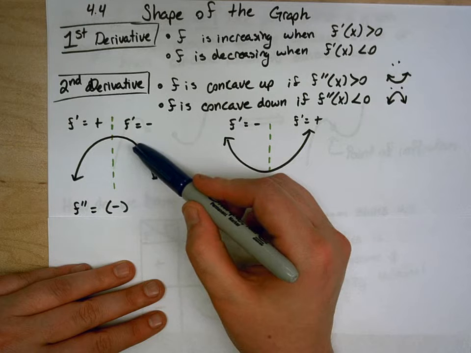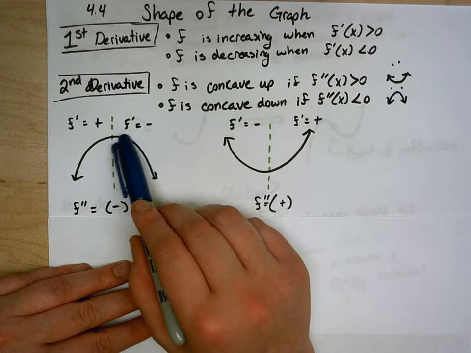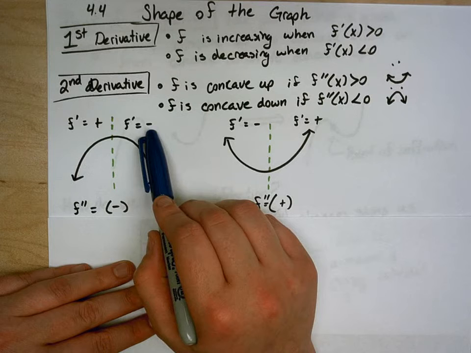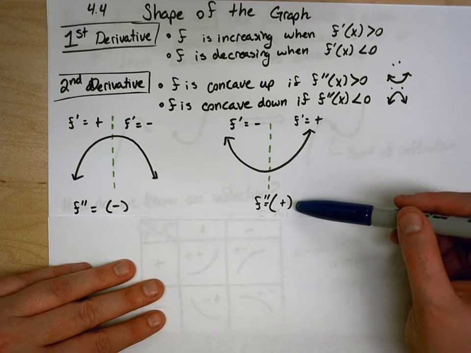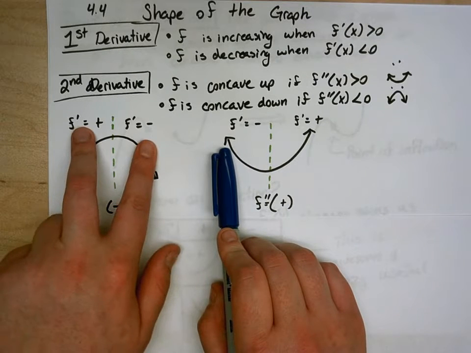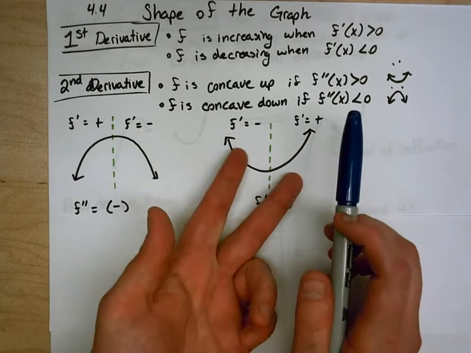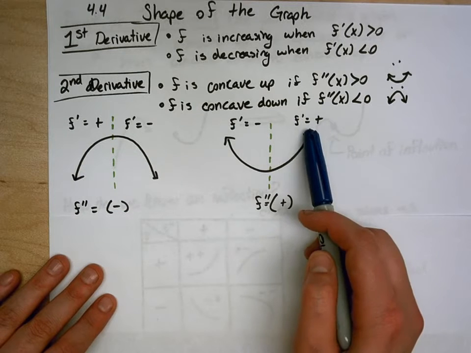And when it's concave down and decreasing on this side, then we know that f prime is going to be negative. Similarly here, when our second derivative is positive, you can see on this side we're going to switch over. So our first derivative is negative, and our second derivative is going to be positive.